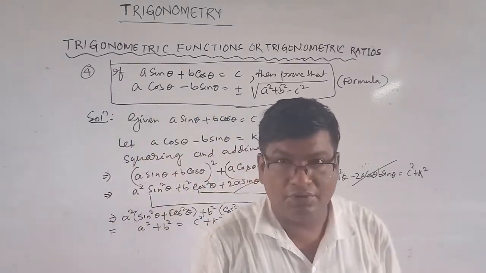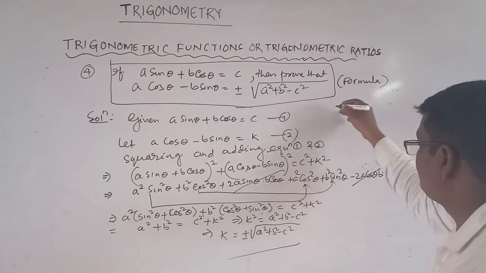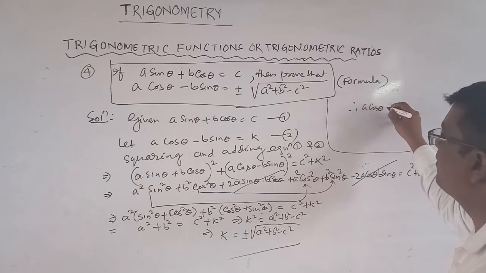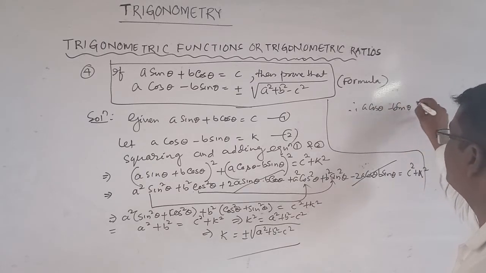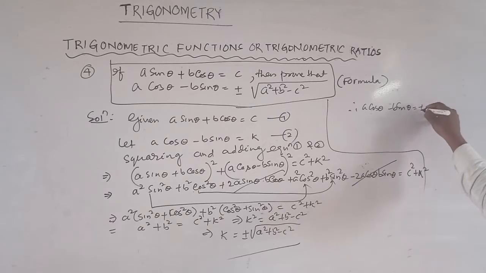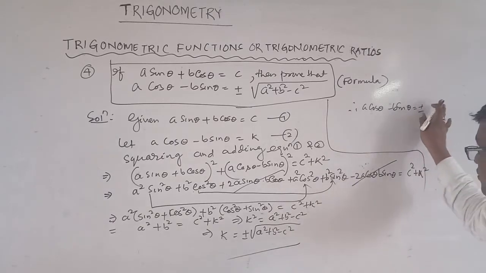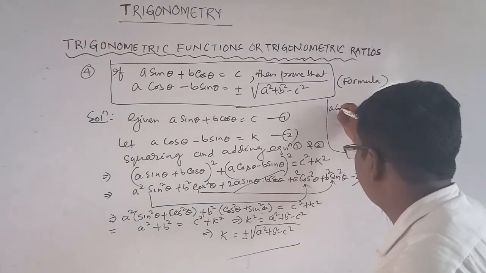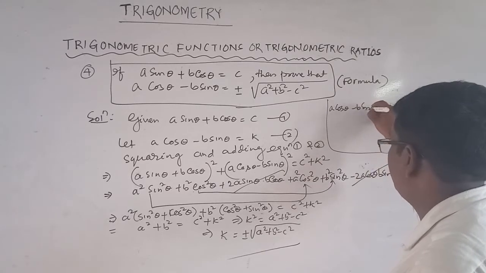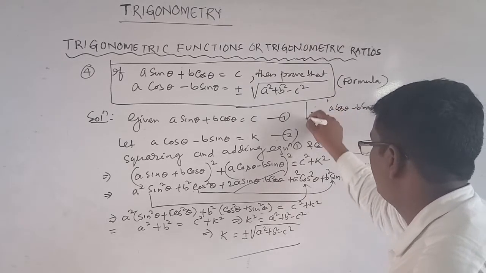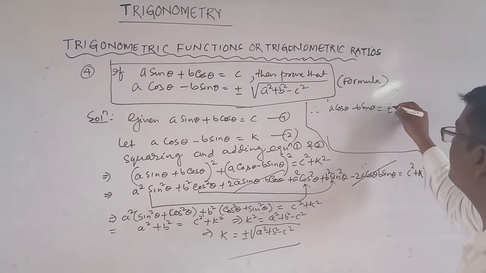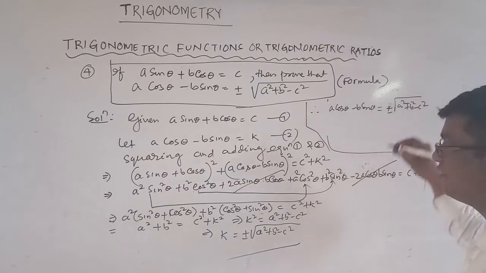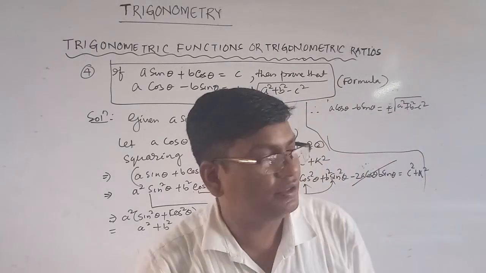Therefore a cos theta minus b sin theta is equal to plus or minus root over a square plus b square minus c square. Okay, this is a formula also.